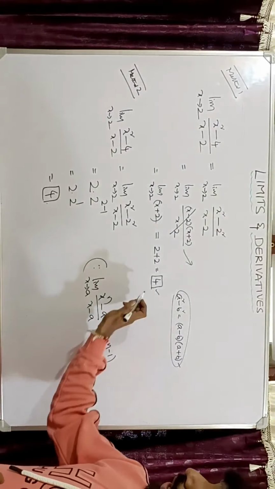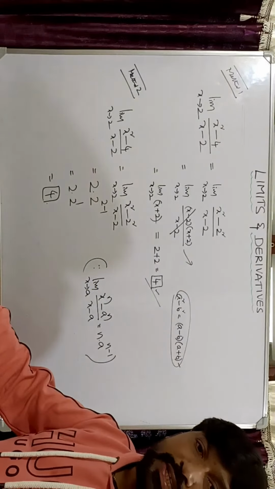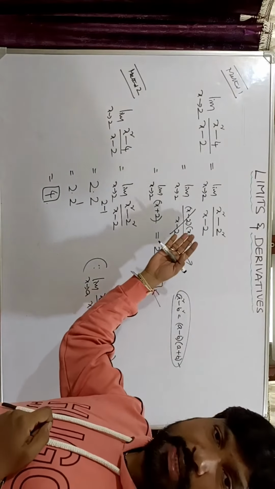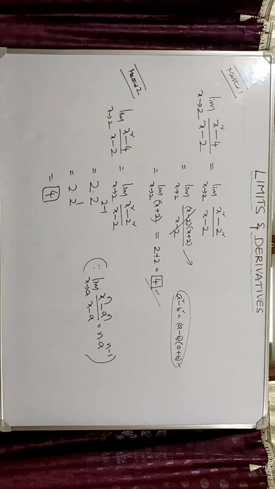The same question you can solve by using the simplification method, or by using the formula we discussed. So can you tell from these two methods which method is preferable? Can you comment once? I will check your comments. Method 1 or method 2? Can you give your preference? Can you respond?